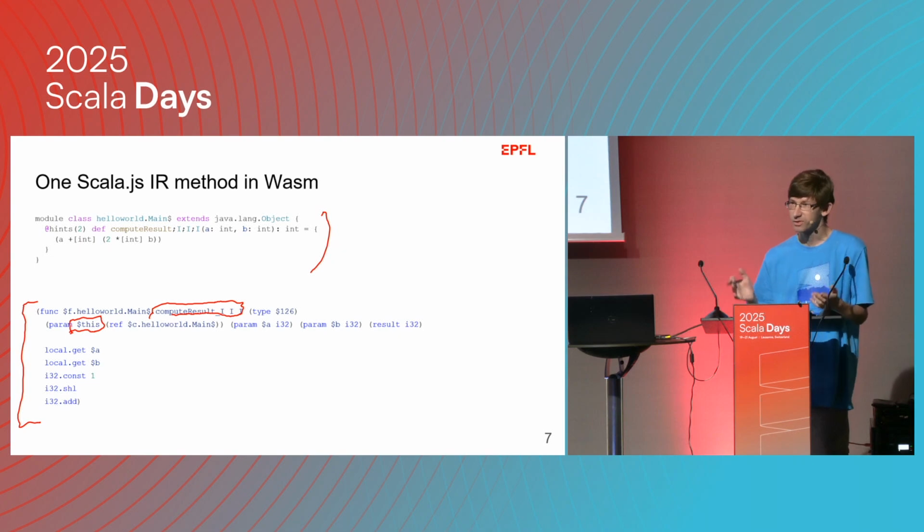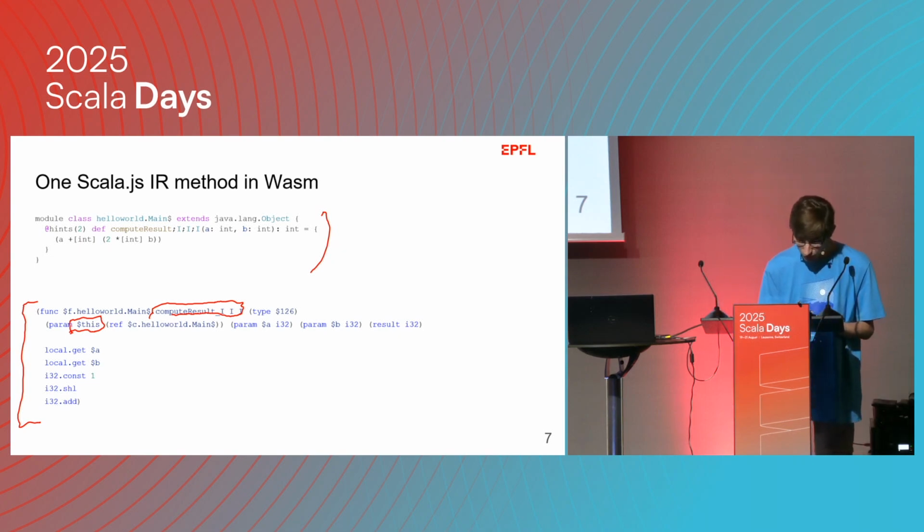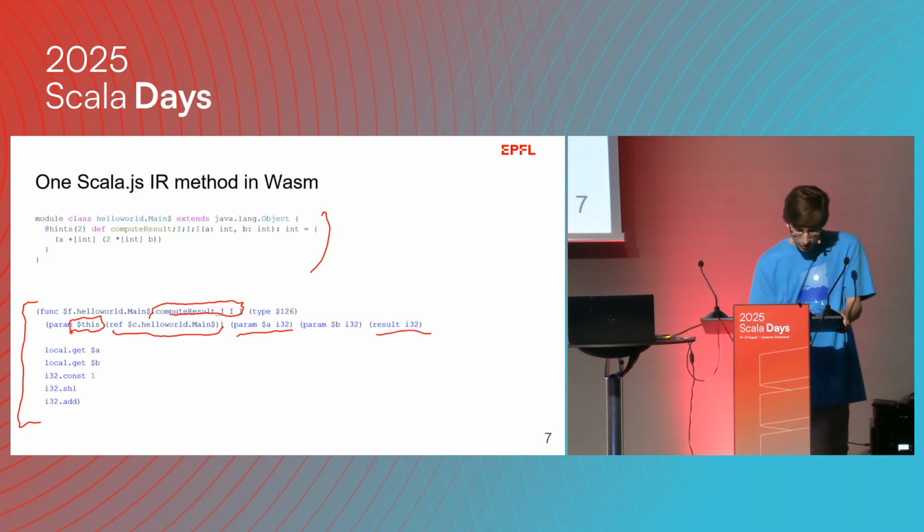It only knows about functions. So the this value is given as a parameter, which is a reference to main star. So WASM has references, GC references. And then we have a param A, which is an i32, and a param B, and it has a result. Then there's something weird here because we're pushing A and B on the stack.